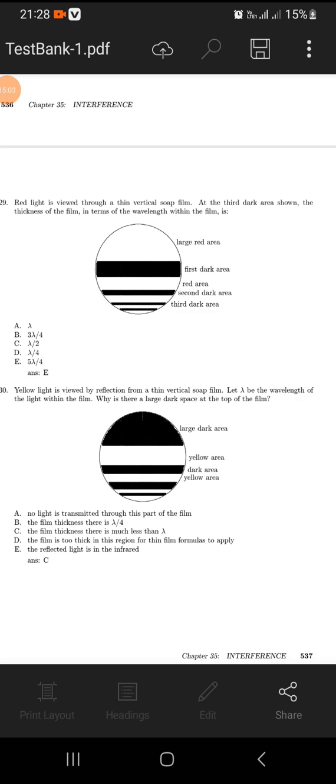The thickness of the film in terms of the wavelength within the film is what? Red light moves a stripe, and then a large area, the first dark area. So the answer is 5 lambda over 4.